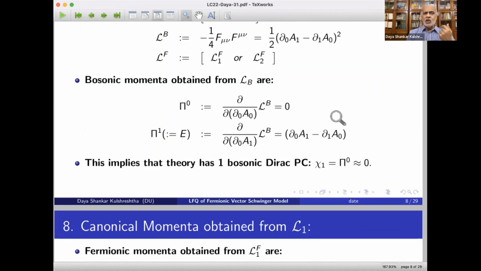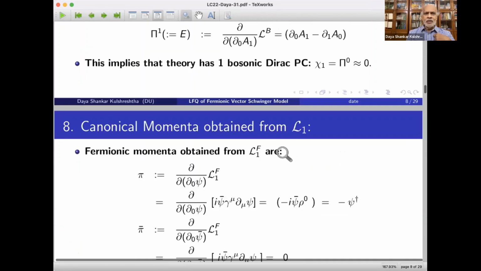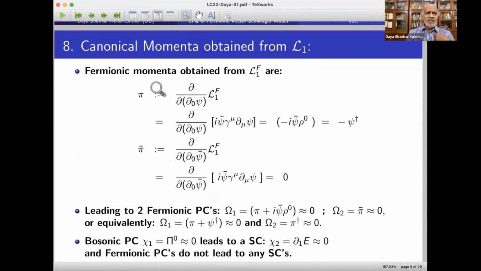But I see that pi0 vanishes, but pi1 does not vanish. So this pi0 gives rise to a Dirac primary constraint. I call it chi1, pi0 equal to 0. And then I go on to calculate the fermionic momenta. We have to watch out that these fields involved are fermionic.